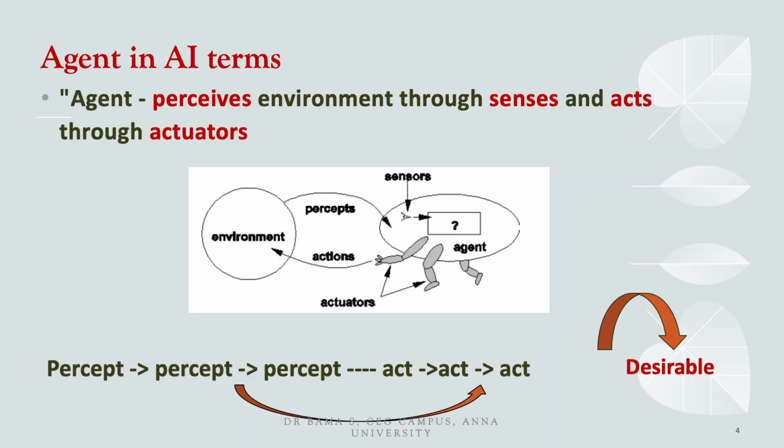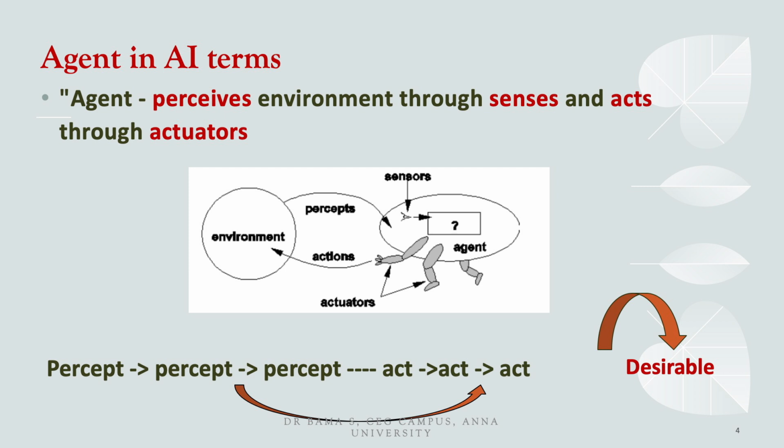That right thing we'll be talking about in a minute, but here we will talk about what an agent is with respect to artificial intelligence, the agent in AI terms. In AI, we can have something like this, an agent which perceives the environment through senses and acts through actuators. Here, there are some words that I have colored in red, which are perceive, senses, acting and actuators.